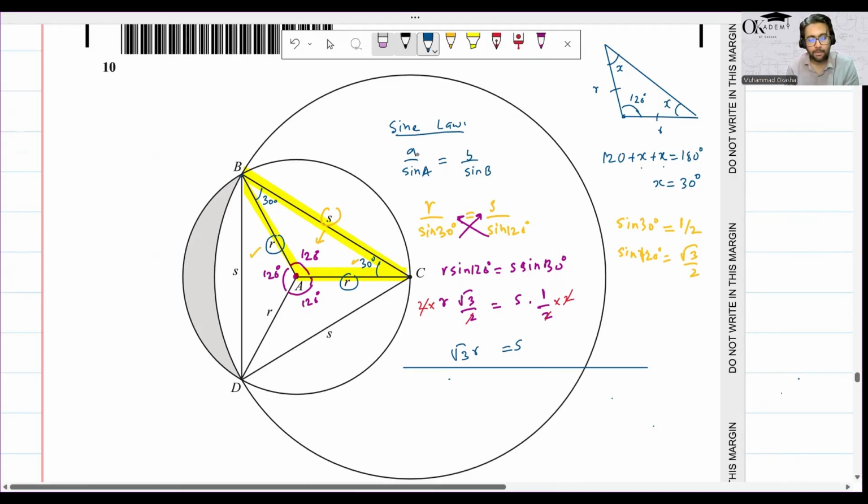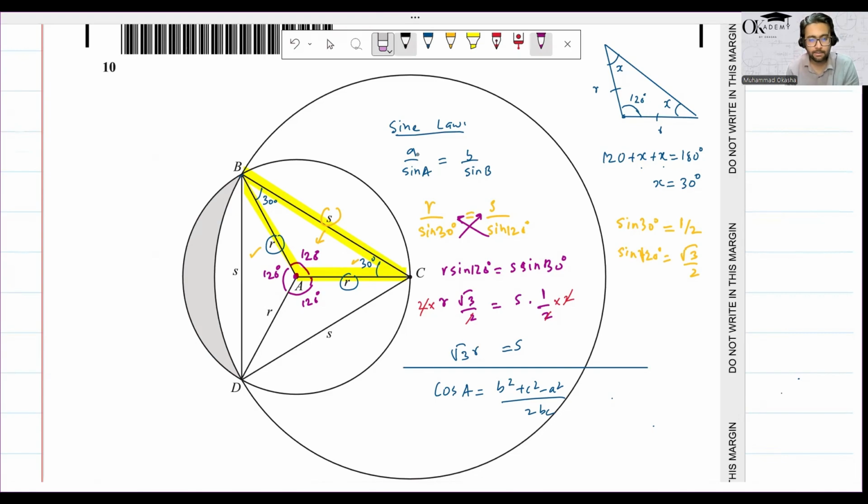We know that cos A would be b squared plus c squared minus a squared divided by 2bc, right? So I have to apply cosine law, which means I can stand myself at any angle I want.